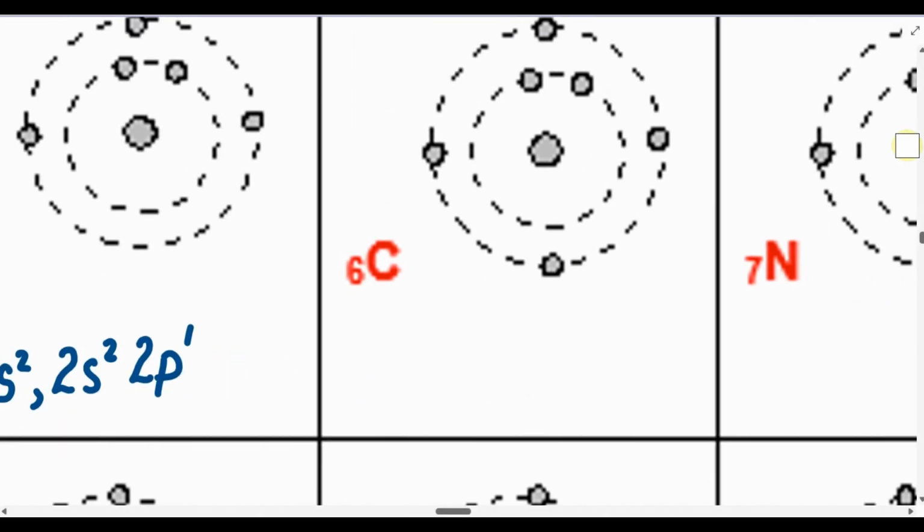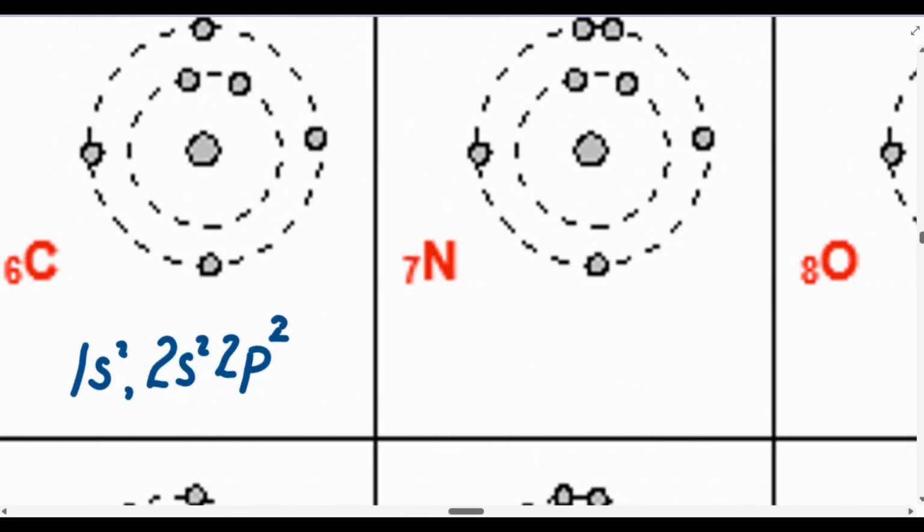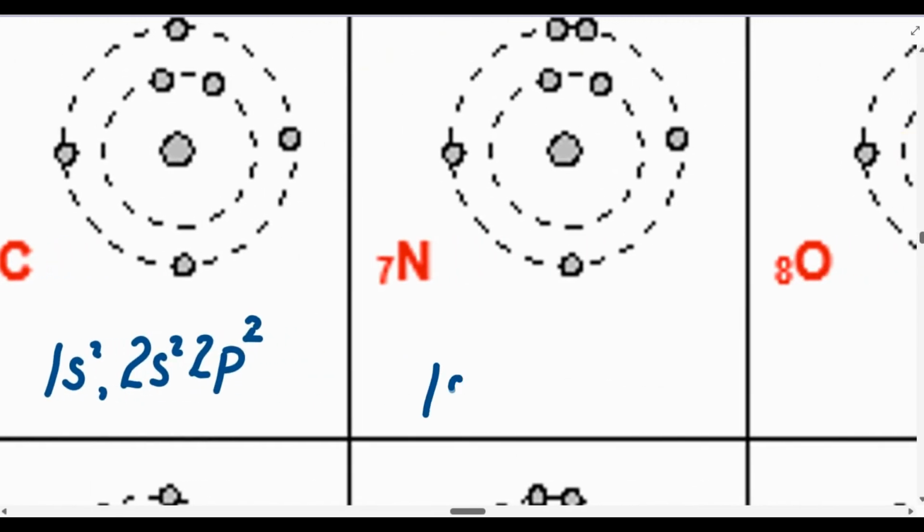Carbon, 1s2, 2s2, 2p2. It's in group 4A. It's got 4 electrons in the valence shell. Nitrogen, 1s2, 2s2, 2p3. So there's 5 electrons in the valence shell of nitrogen.